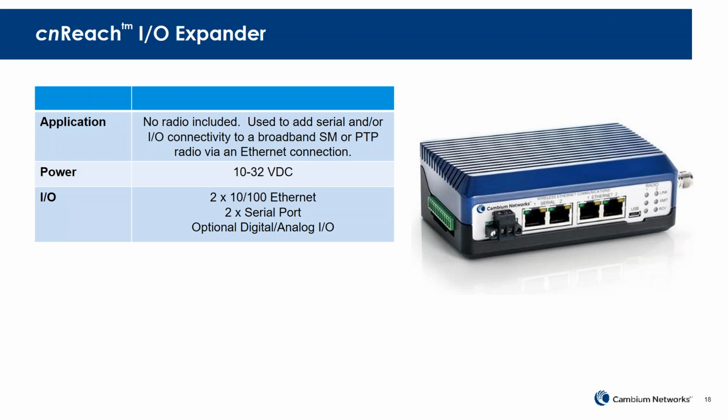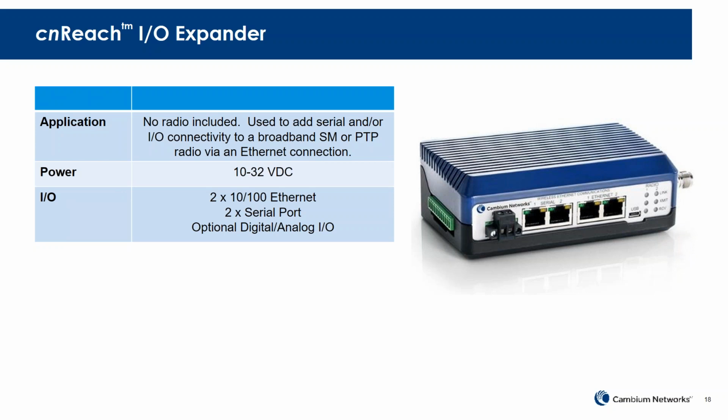The other item in here is called an I/O expander. This is suitable for the situation where I have broadband connectivity out to a location, but I want to add some serial ports or some additional general purpose I/O. So in this case, I'm taking a cnReach module with no radios in it and applying it to the end of a broadband link.